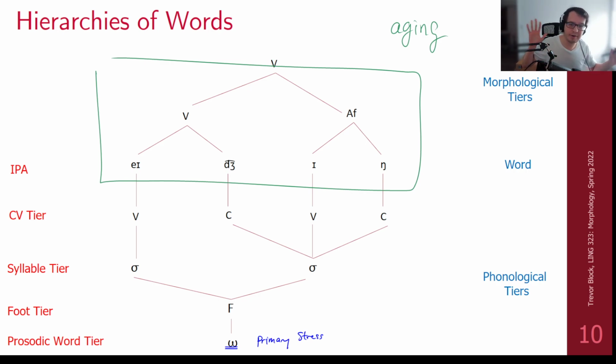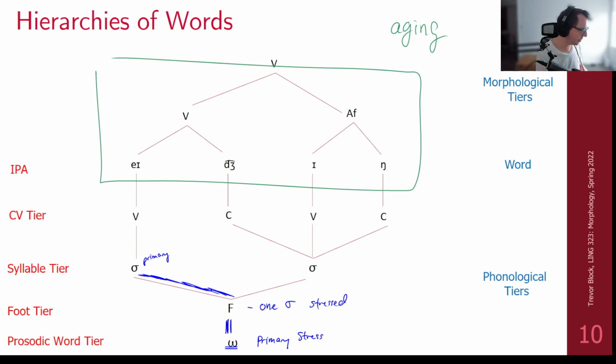It's not about primary or secondary stress, it's just that one syllable is stressed. So in a word like aging, the foot is giving stress to that first syllable. And then what the prosodic word is saying is this foot gets primary stress. So this stressed syllable ends up being primary stress. This is only a two-syllable word, so we can't see anything exciting here, but in aging, that's the primary stress.